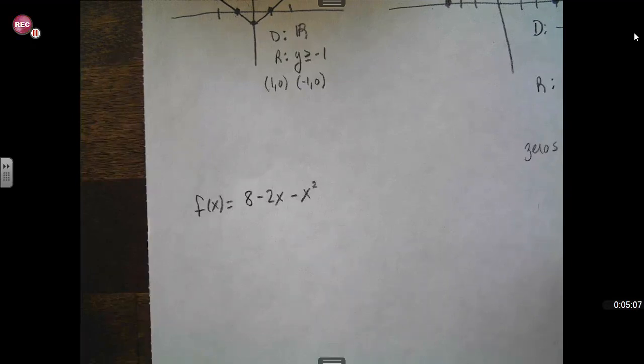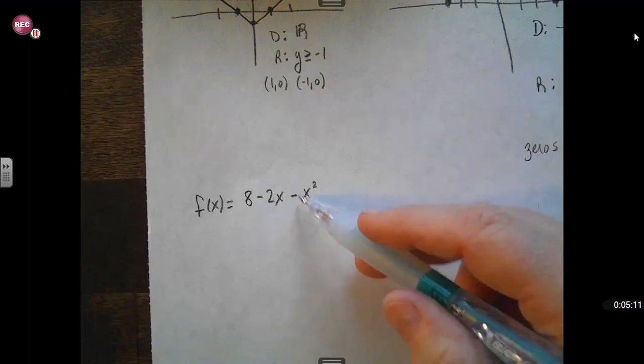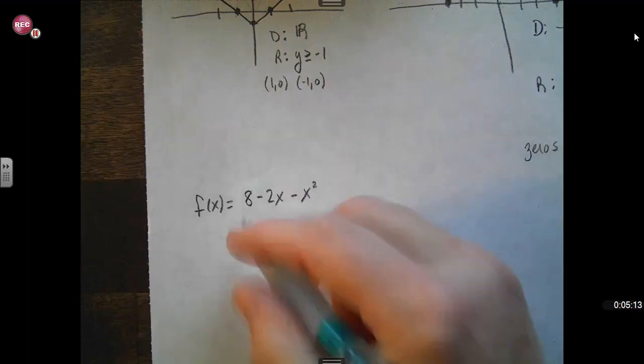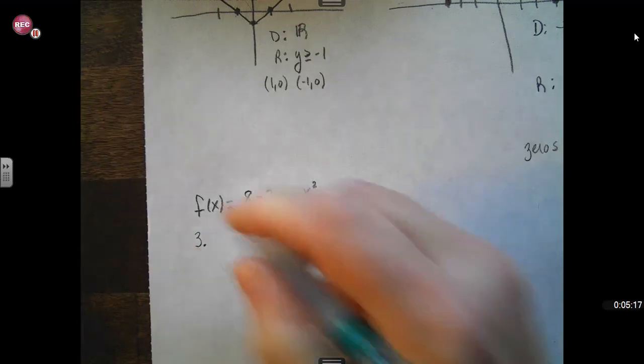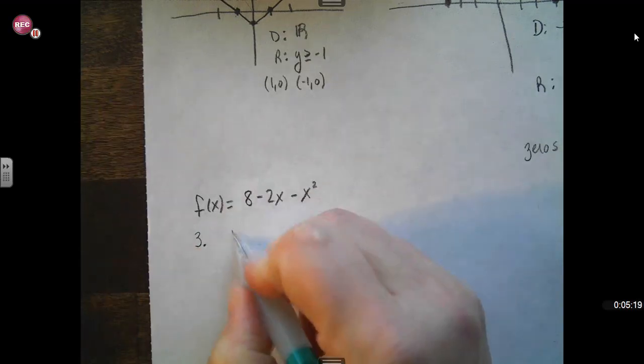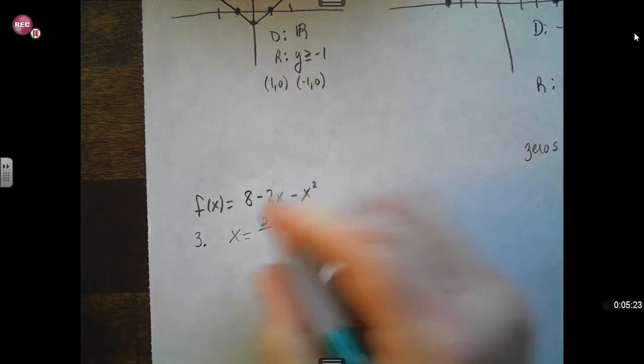Well, this is a parabola, and that negative right there tells me this parabola opens down. And to find the vertex of this parabola, I use the opposite of b over 2a.